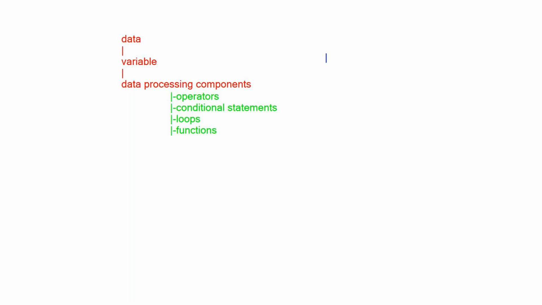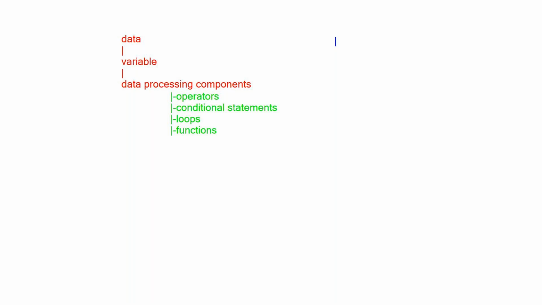Why? Python along with the Django framework, or Python along with the Flask framework, will be used for developing web applications. Nowadays a web application is going to handle huge amounts of data, so we have to process that data.